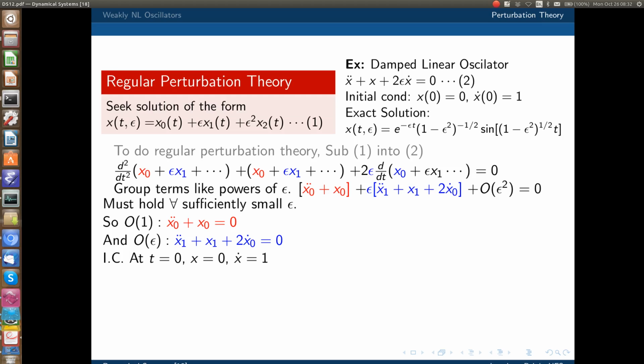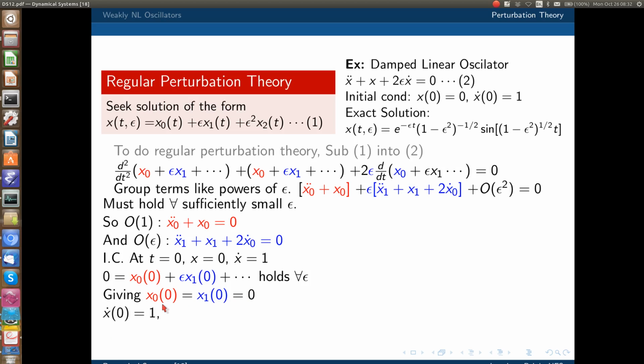If you now simply plug that into your assumption at the top, what it says about your expansion is that x0 of 0 plus epsilon x1 of 0 plus and so on must equal 0, right? And the same argument holds, this must hold for all epsilon, so we know that you can set x0 of 0 equals 0, x1 of 0 equals 0. So you have the t equals 0 values for your expanding functions.